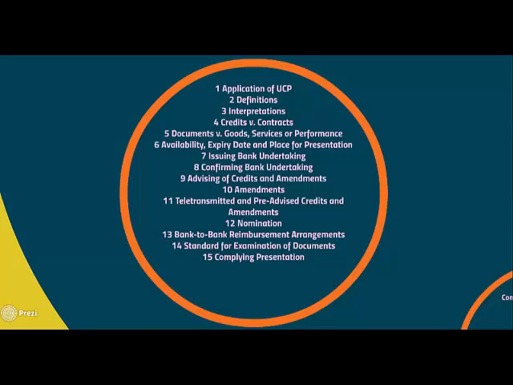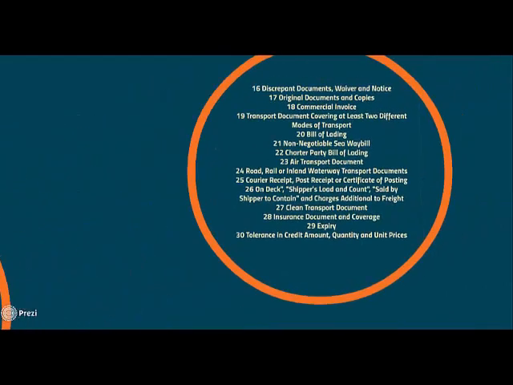The undertaking given by the issuing bank, undertaking given by confirming bank. What is advising of a credit? That is what the advising bank does. What is the effect of amendments? And then it talks about teletransmitted credits, nominations, bank-to-bank reimbursement arrangement, and most importantly, it talks about the standard for examination of the documents. It also explains what a complying presentation is and what should be done.